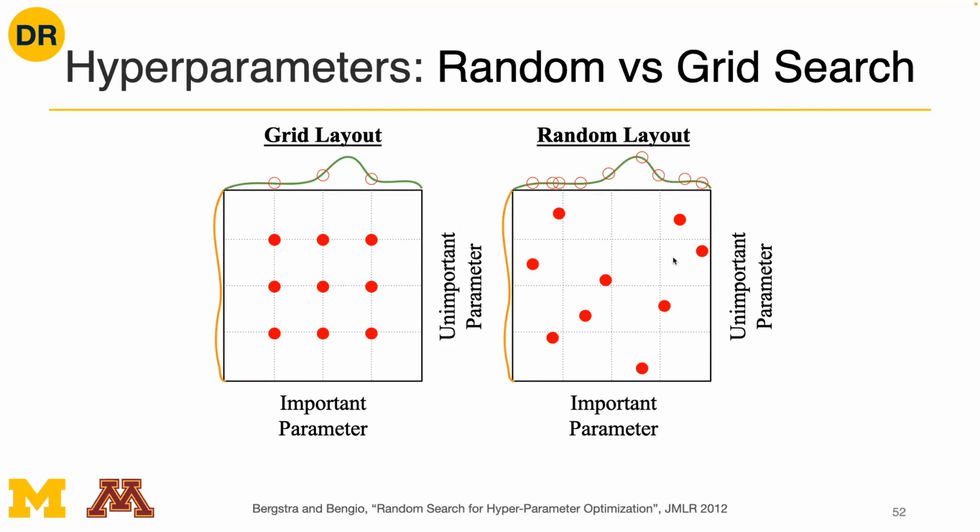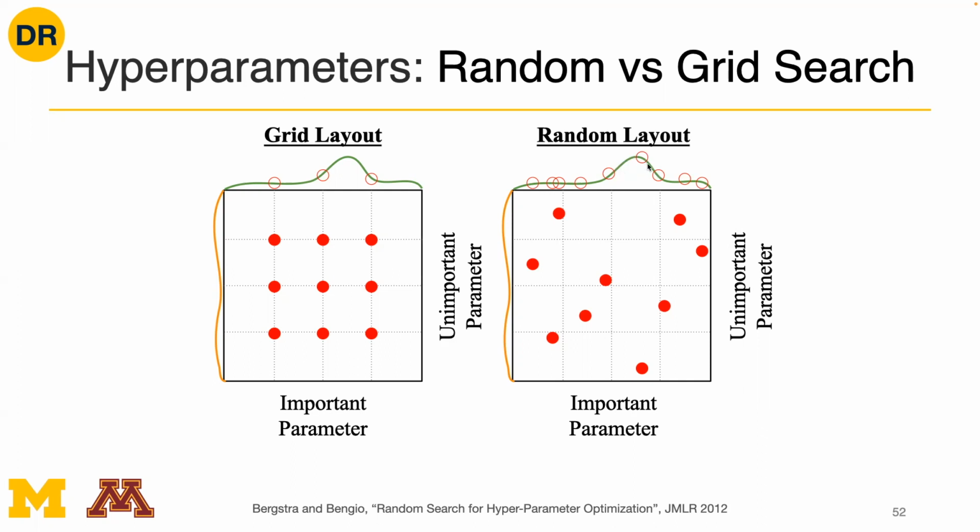In contrast, if we were applying random search over these 2 hyperparameters, random search no longer is constrained to those 3 columns. Instead, every time you pick a different combination of a random value on the x and the y, you're sampling implicitly somewhere that's kind of continuous along this important hyperparameter.